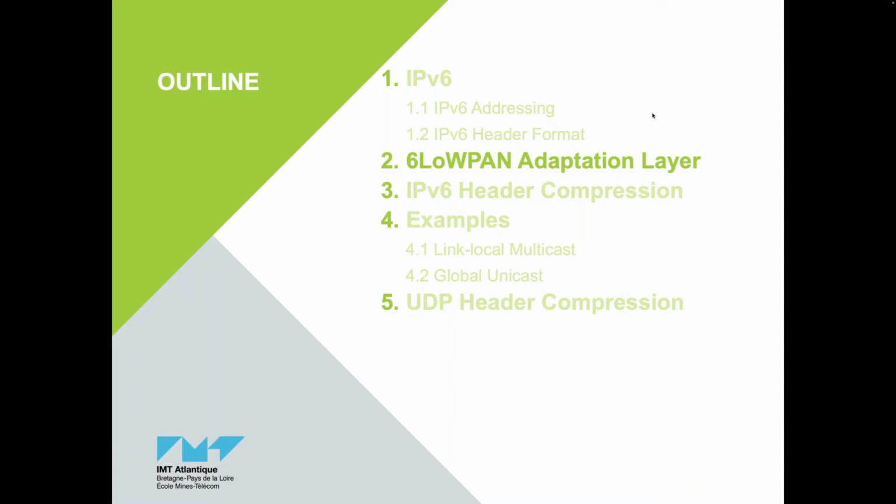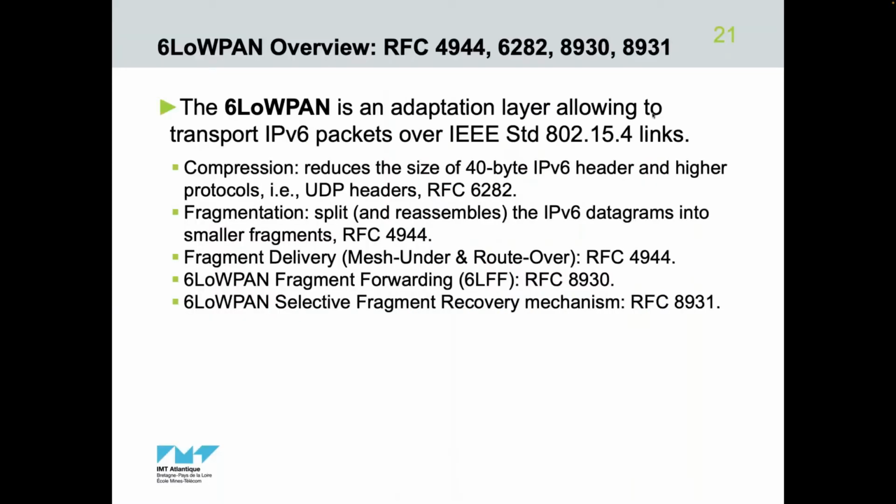Now, I will proceed with the 6LoWPAN adaptation layer. I will give you an overview. Basically, what we have is a new adaptation layer. If you think about the OSI or TCP/IP stack, or the stack that I showed you at the very beginning of my talk, it lies between the IP layer and the MAC layer.